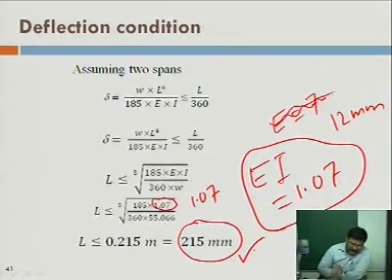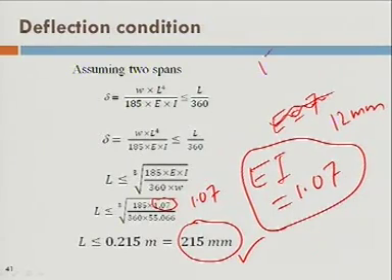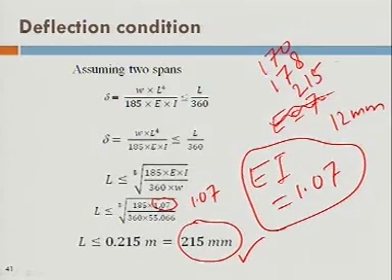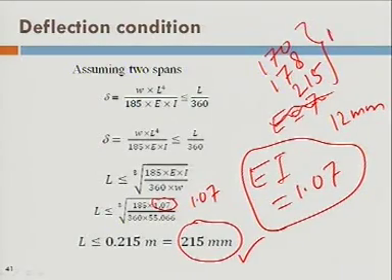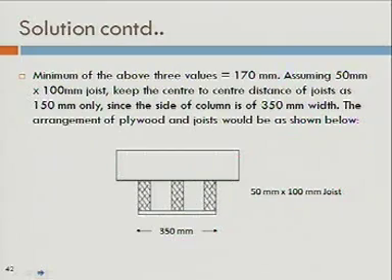Okay, fine. So you have now three values: 170 using bending moment, 178 using shear, and 215 using deflection. So you have to choose the minimum of the three, and that is 170 millimeter. So that means you cannot exceed 170 millimeter, right?